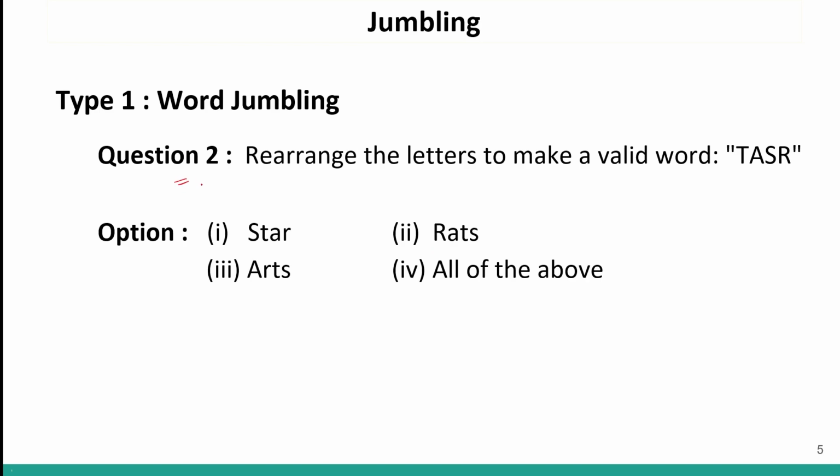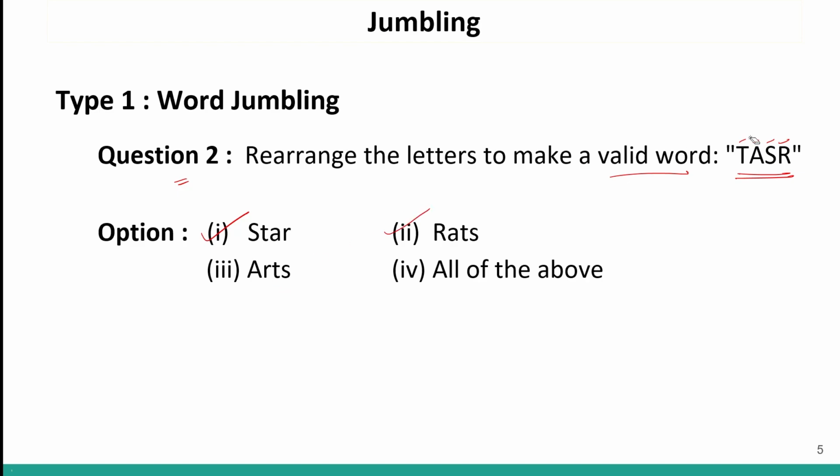Now, similarly, question number 2. We have to rearrange the letters to make a valid word from these letters. TASR. Now I told you that from TASR, can we make star? STAR. Yes, so this is correct. Can we make rats? RAT and then S. Yes.